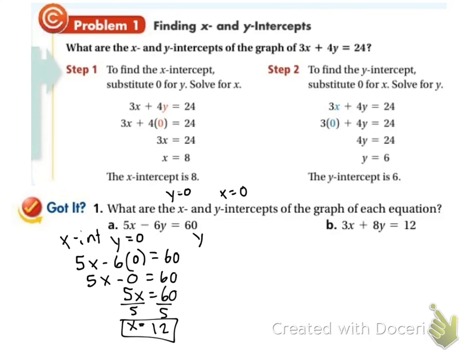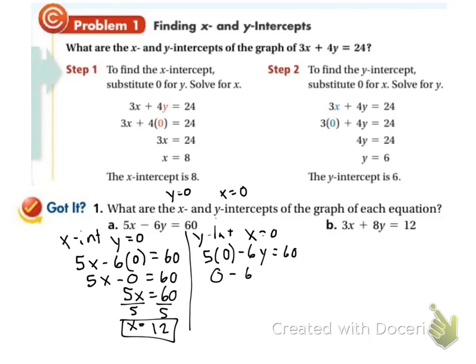And then I'm going to do my y-intercept. And that's when x is 0. So this time I've got 5 times x. Oh, excuse me. Instead of our x, we're going to plug in a 0. So 5 times 0 minus 6y equals 60. 5 times 0 is just 0.